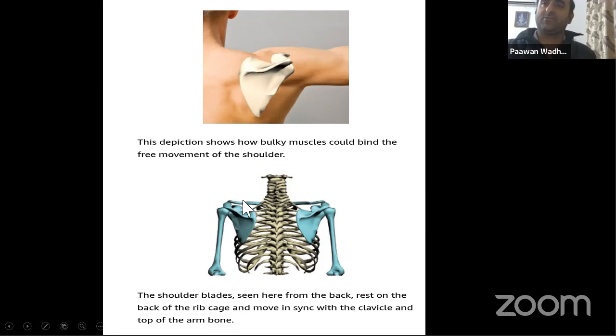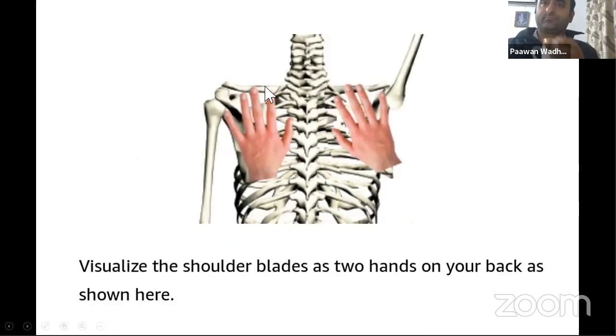So clavicles are actually placed a little behind. They are resting on the backward part, which means God has made our shoulders behind. Right. So I think it is clear to you now.